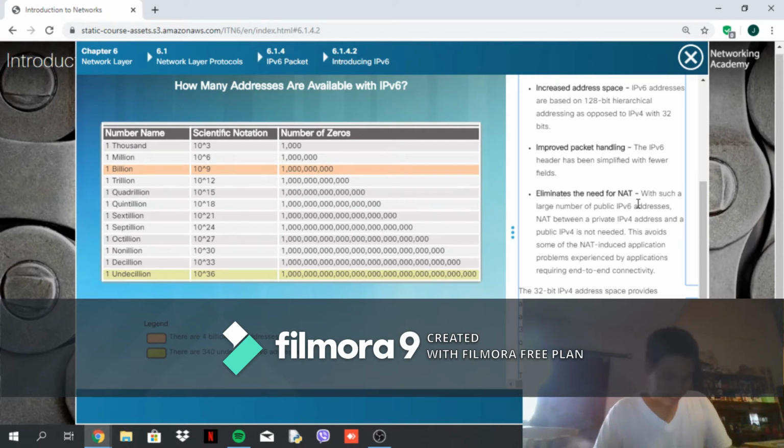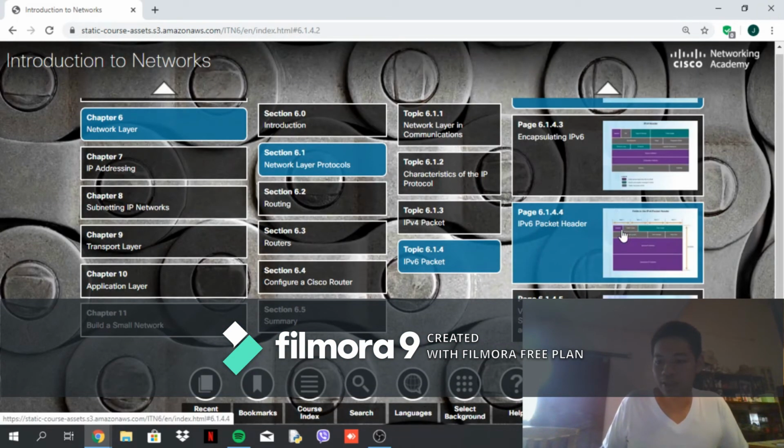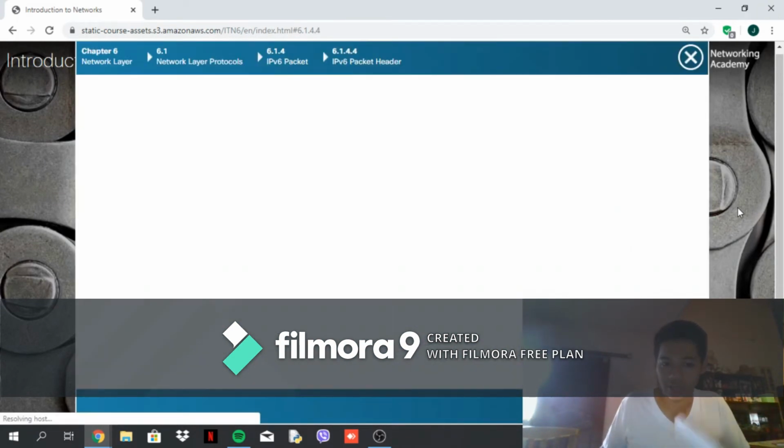It is more efficient and more simplified, including the header itself, as I said a while ago. Every device can use IPv6. So actually, guys, this is the actual header of an IPv6 packet. Wait, it's loading.